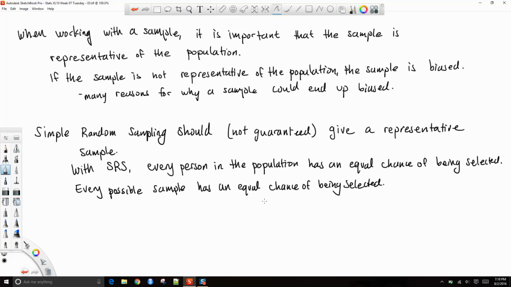So every possible combination of numbers is equally likely to be the winning set of numbers. And that's the case with simple random sampling.